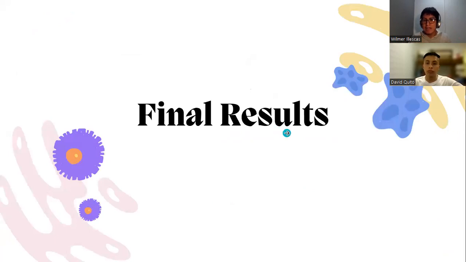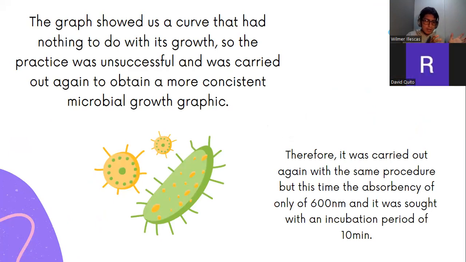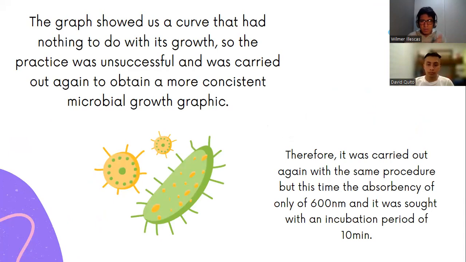I think that I already gave you some of these final results, but to give you a summary of what we've done: the first experiment, the first practice, did not give very good results because there were some problems.